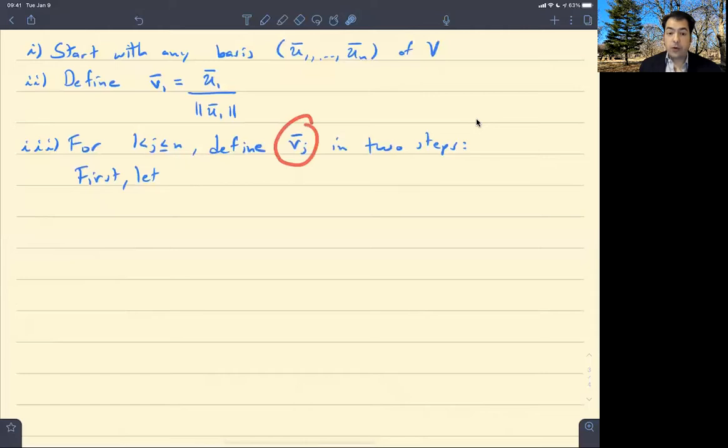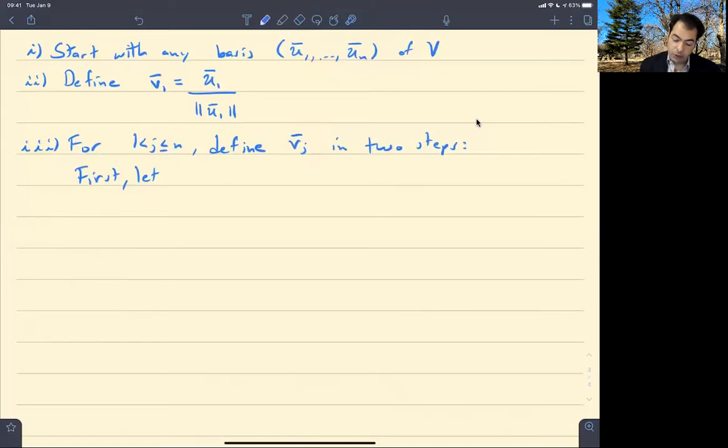So you can think of this as subtracting off the projection of the other vectors onto uj, right? And when we started talking about inner product spaces, we talked about the projection of one vector onto the span of another one, right? So that's what we want to do. We want to start with uj and subtract off from all of the previous vectors we've constructed their projection onto vj. So the vj will be as independent of the previous vectors as possible.